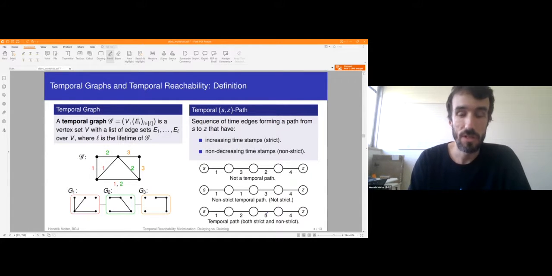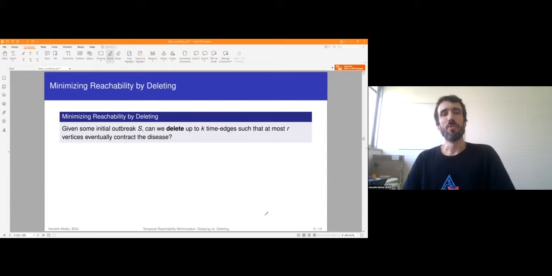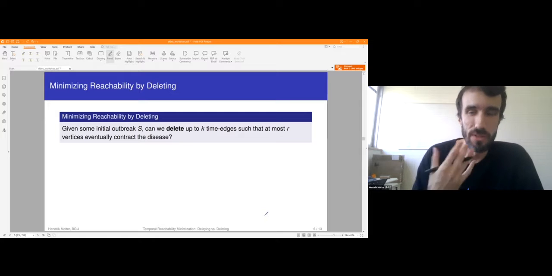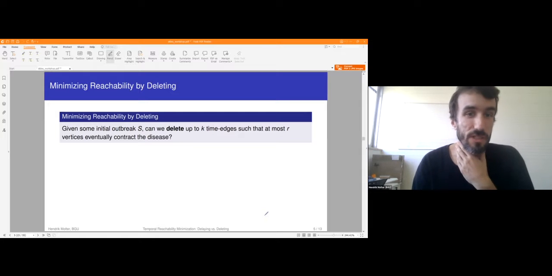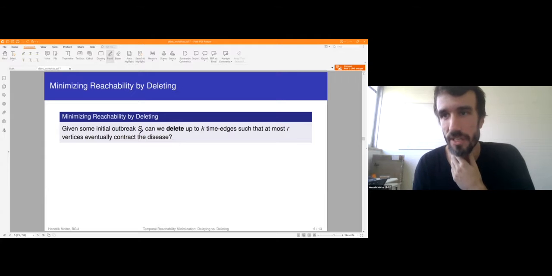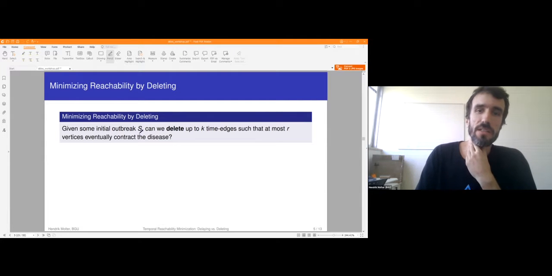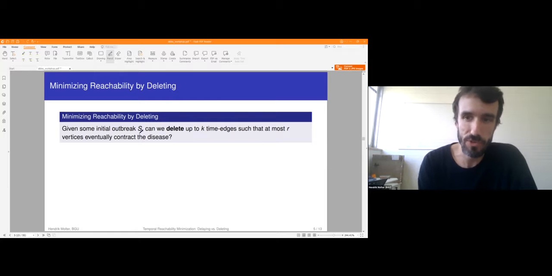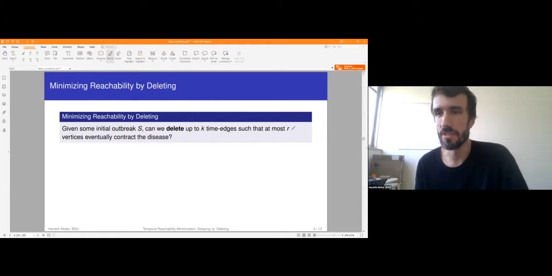Okay, so what do we know about minimizing reachability by deleting? The problem, a little bit more formally, is we know some initial outbreak S, which can be a set of vertices, and we want to delete up to k time edges such that at most R other vertices eventually contract the disease.